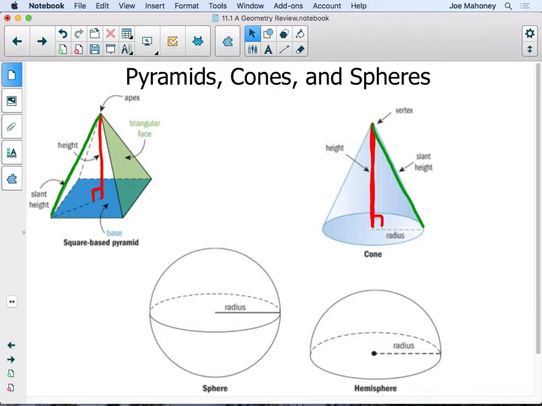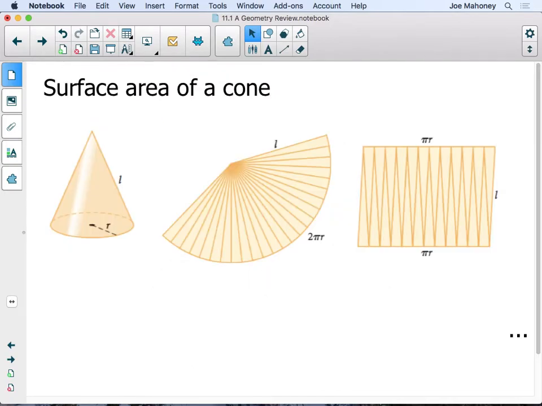And last year, in geometry, you did a lot of work with volume. You found the volumes of pyramids, cones, spheres, and hemispheres. You know those formulas. If not, I will give you those formulas. One thing that we didn't hit in geometry, though, was surface area. If you think about the area of a surface, it's really the area of all the faces and the base together.